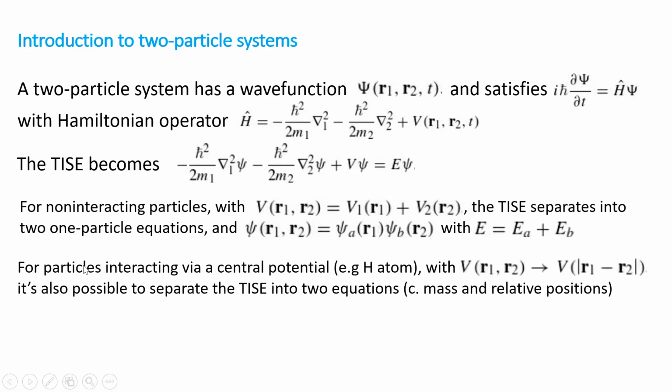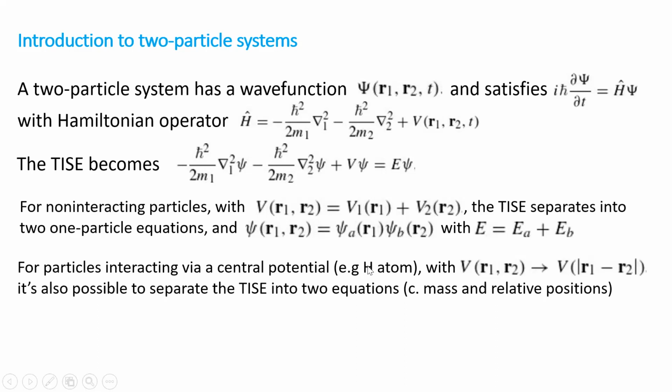Another situation we can handle is particles interacting via a central potential. And a great example of this is the hydrogen atom, which we've already looked at, which has the proton and the electron attracting via the electrical central potential. There we ignored the proton, or we just took it as fixed at the center.